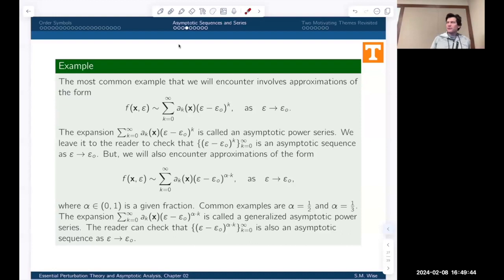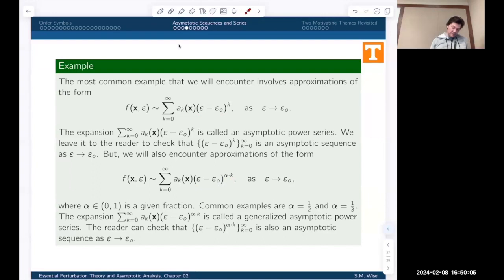Now, we'll also encounter examples where instead of using this asymptotic sequence, we can tweak it slightly. We could have that asymptotic sequence where the base is the same, but the power is some alpha times k.